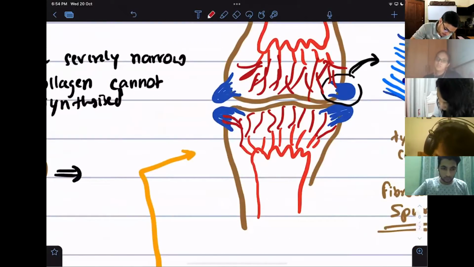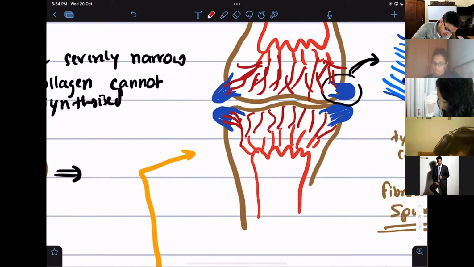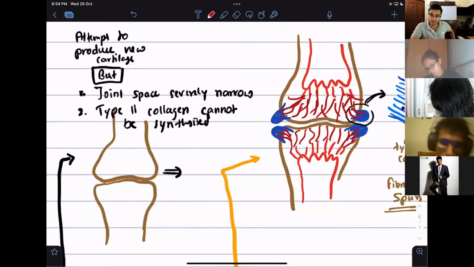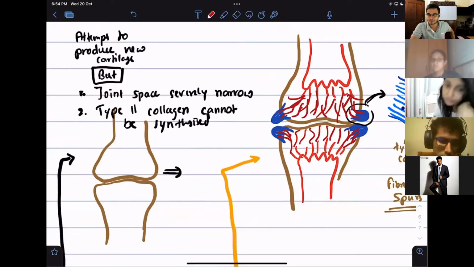Some of these vessels grow into this cartilage, these fibrocartilage structures as well. What happens when cartilage receives blood supply? Ossification.